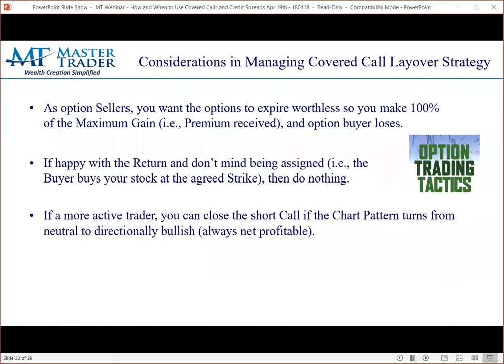Selling covered calls is always profitable. Now, again, let me clarify that. What I'm saying is you're putting money in your pocket, giving somebody the right to buy it.